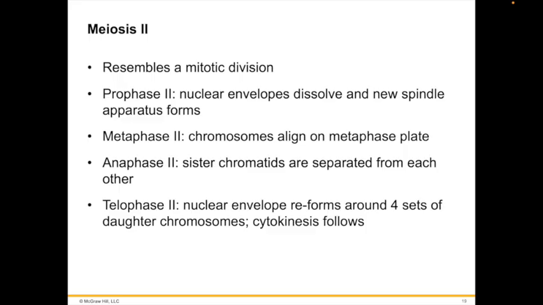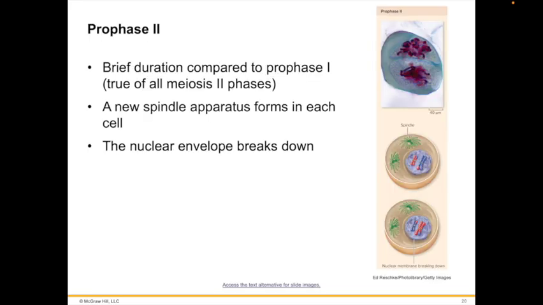In anaphase 2, the spindle fibers contract and the cohesin complex joining the centromeres of sister chromatids is finally destroyed, allowing sister chromatids to be pulled to opposite poles. This process is essentially the same as anaphase during a mitotic division. Telophase 2. Finally, the nuclear envelope reforms around the four sets of daughter cells. Cytokinesis then follows. The final result of this division is 4 cells containing a complete haploid set of chromosomes.